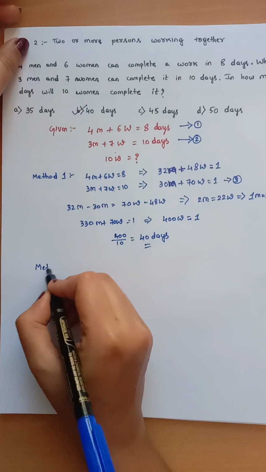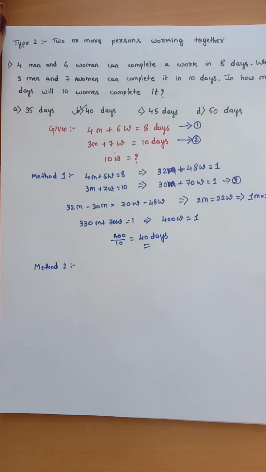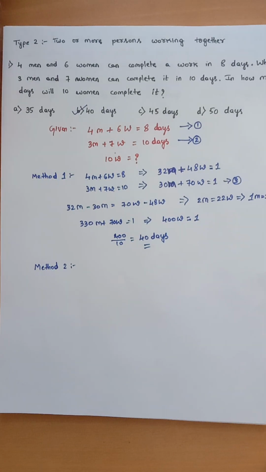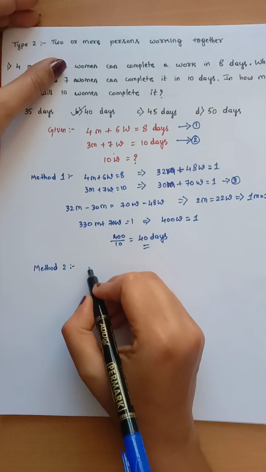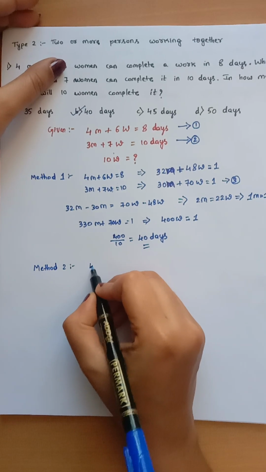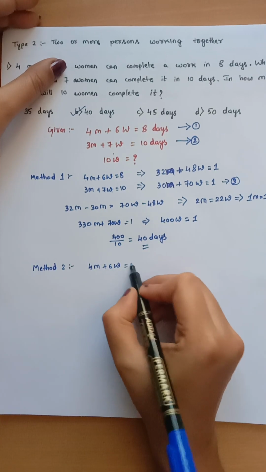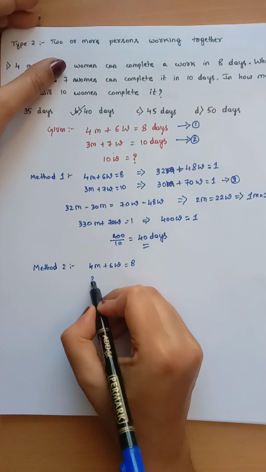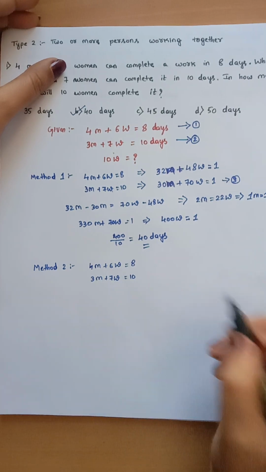Method 2. To solve the same problem, you can use any one of the methods. In method 2, let's take the same given values. 4 men plus 6 women is equal to 8 days. 3 men plus 7 women is equal to 10 days.